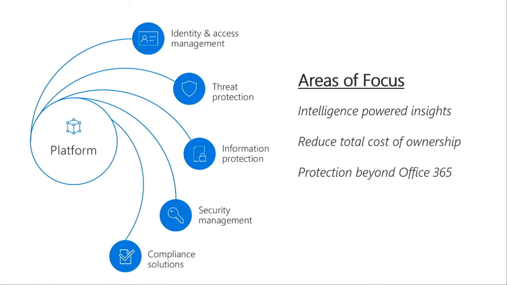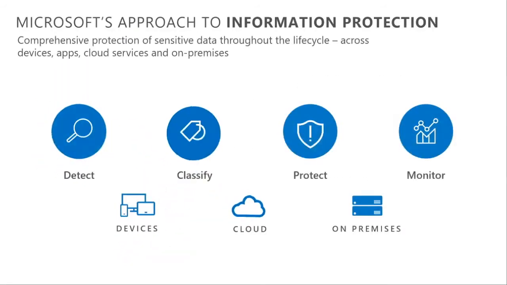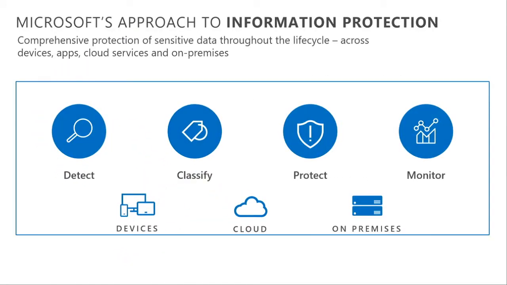So what we're going to be talking about today is applicable across a variety of technologies. And we've built this capability in 4 real platform pieces, or pillars, you could say. The first is detection and classification. Those are very tightly related. We need to identify what is sensitive, figure out how we protect that data. And protection is our third pillar.